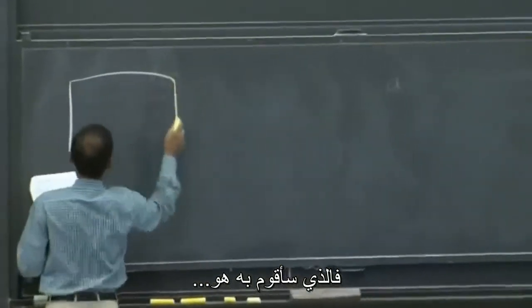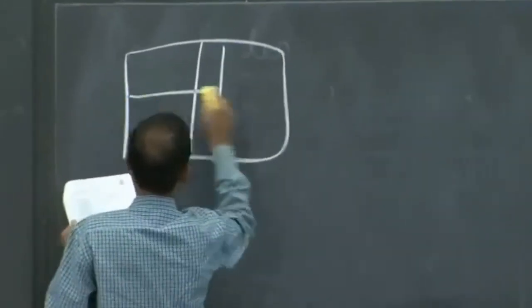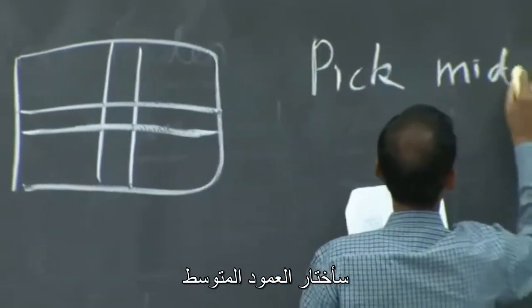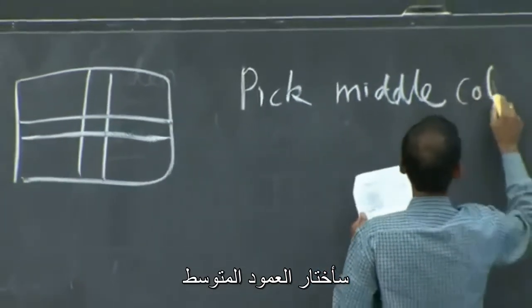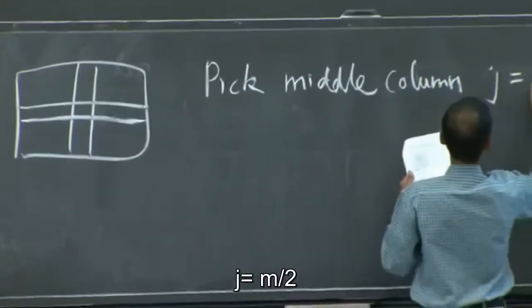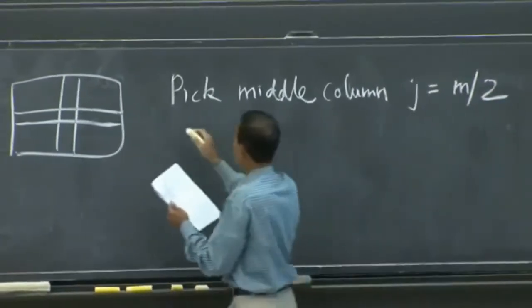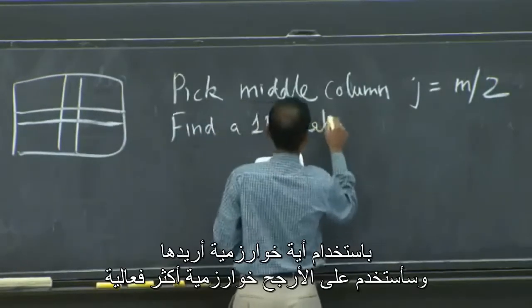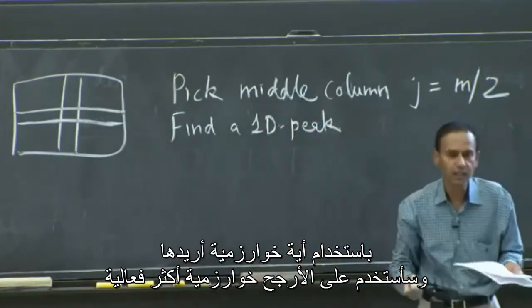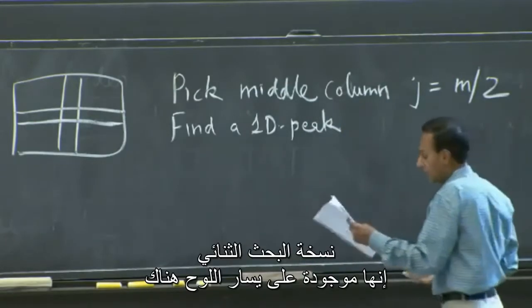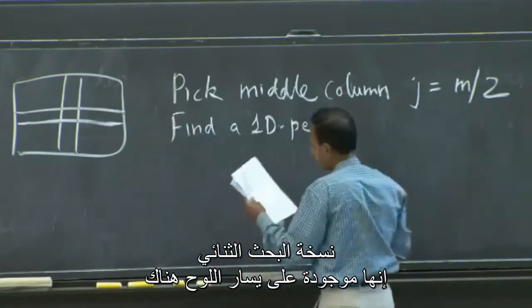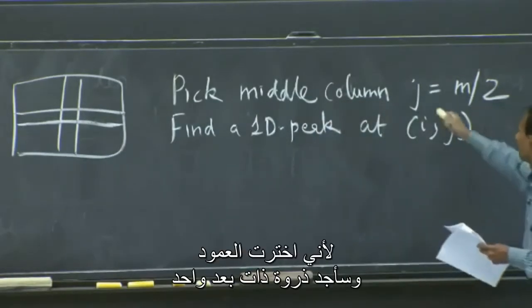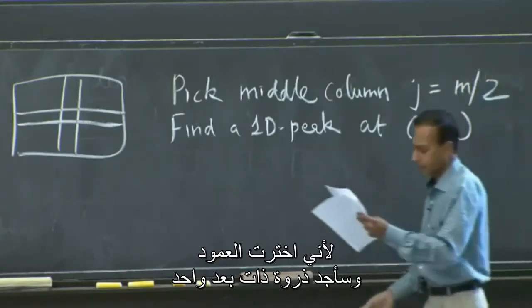So what I'm going to do is pick the middle column, j equals m over 2, and I'm going to find a 1D peak using whatever algorithm I want, and I'll probably end up using the more efficient algorithm, the binary search version. And let's say I find a peak at ij, because I've picked a column and I'm just finding a 1D peak.